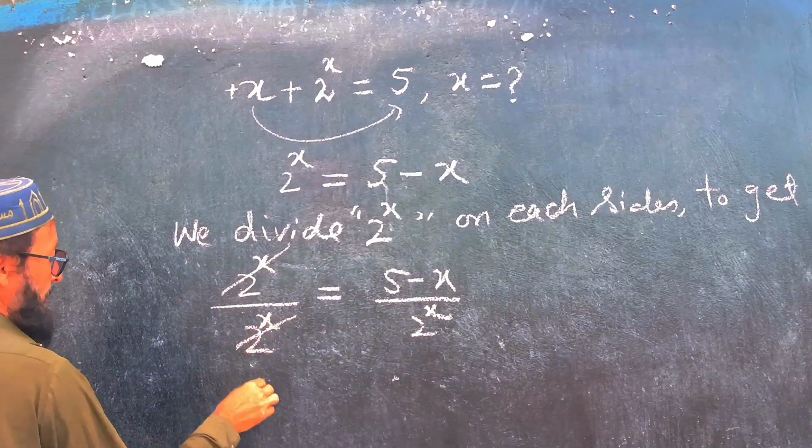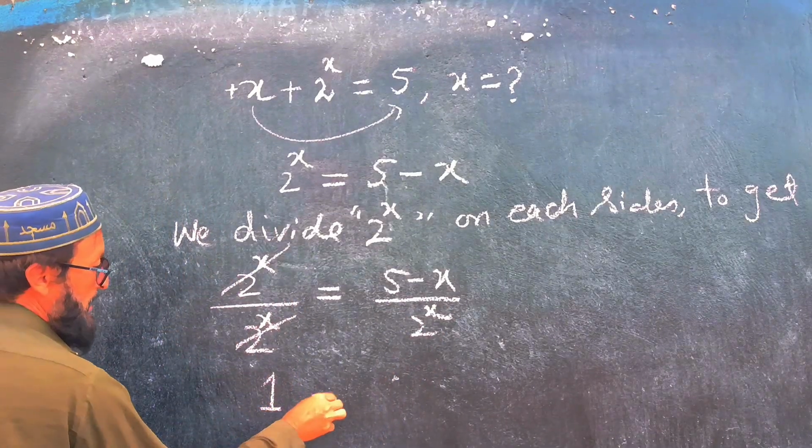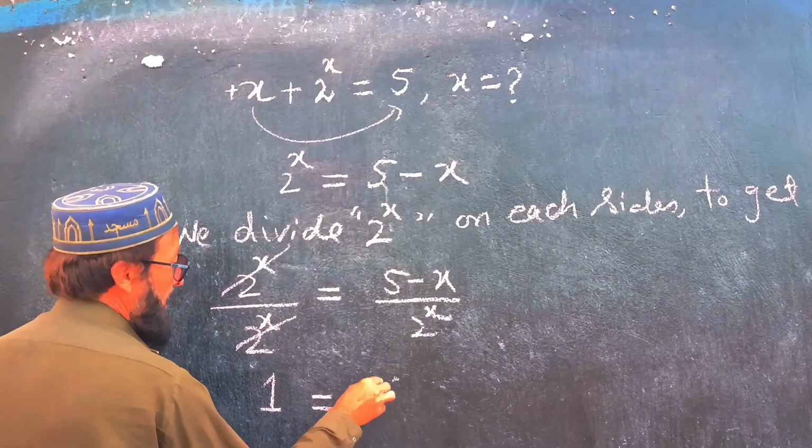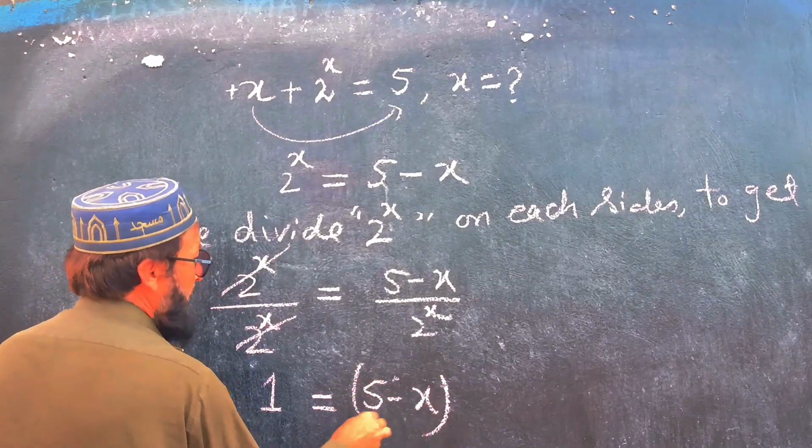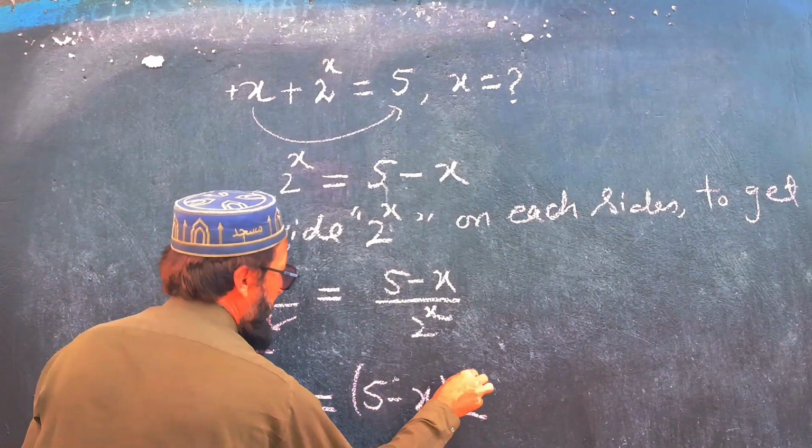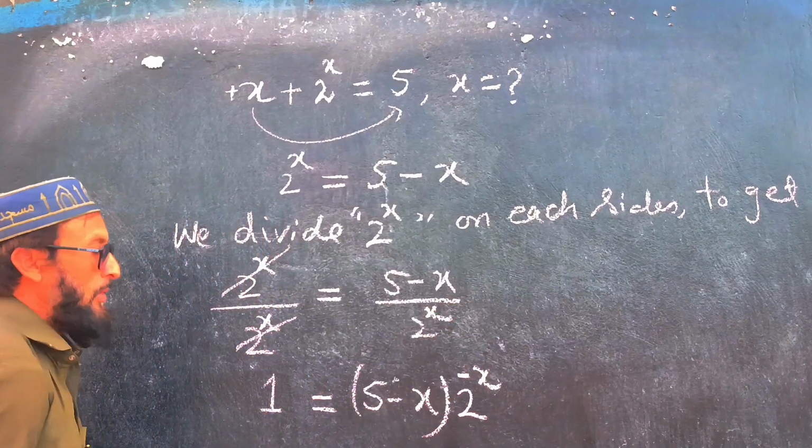So this cancels, and we get 1 is equal to 5 minus x into 2 exponent of minus x.